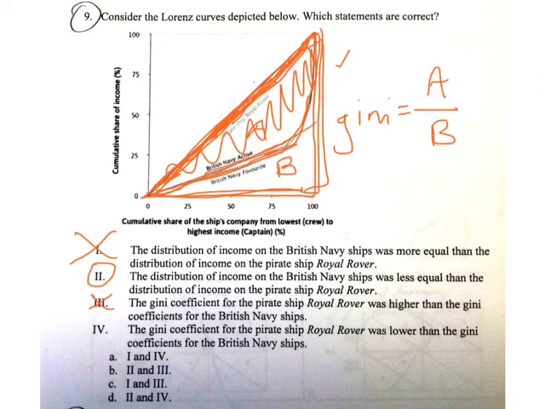So 3 is out. But the Gini coefficient for the pirate ship Royal Rover was lower than the Gini coefficients for the British Navy ships. Absolutely. So 2 and 4 are correct. That corresponds to letter D. That's our answer.